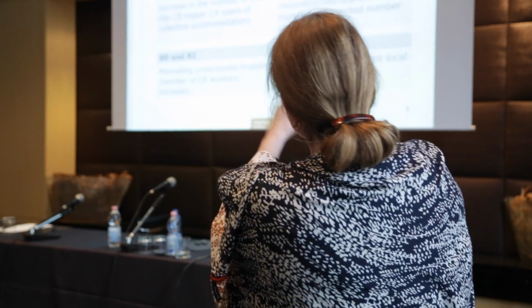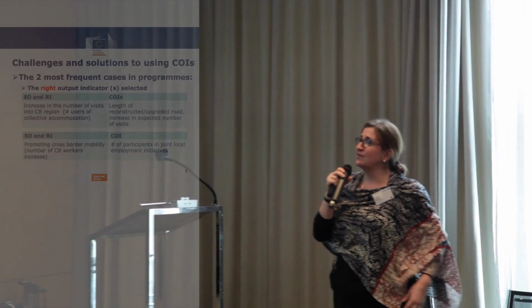Other programs I've seen have a multitude of common indicators, the majority of which do not inform the specific objective at all. And I was wondering, why would they select those common indicators? It's probably because of the pressure we've been putting on everyone to select common indicators so that you can show us that your programs are actually meaningful. And I'll come to this. Sorry, I'm going a bit ahead of myself.